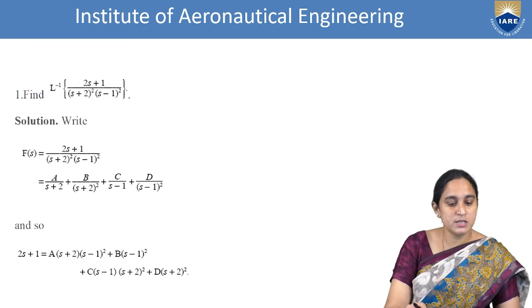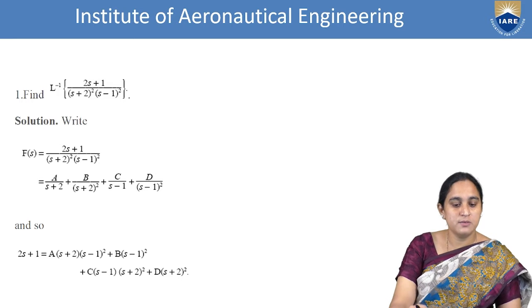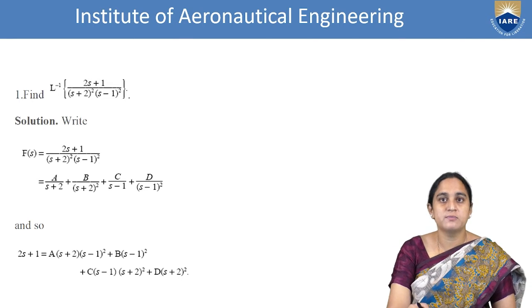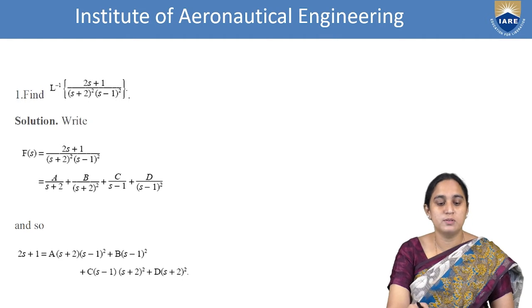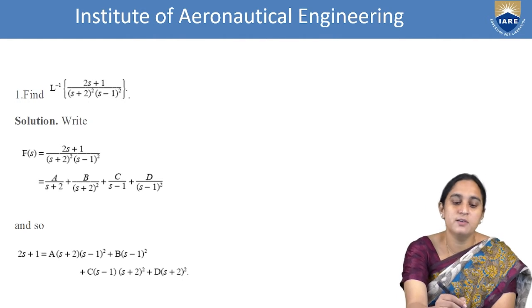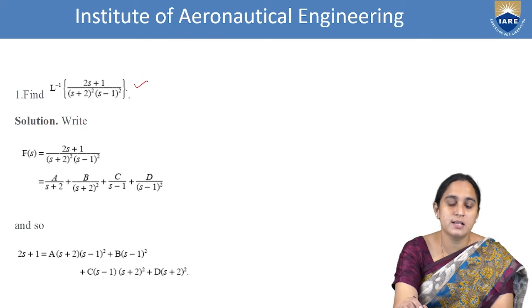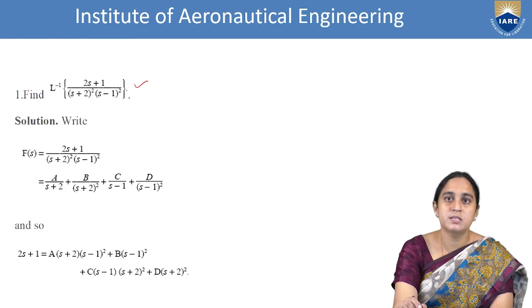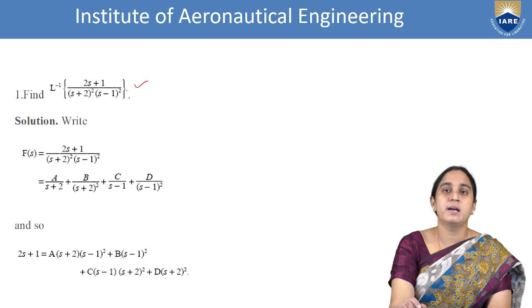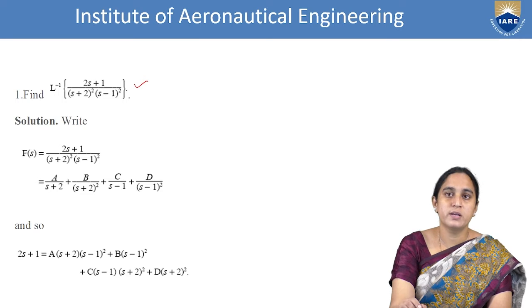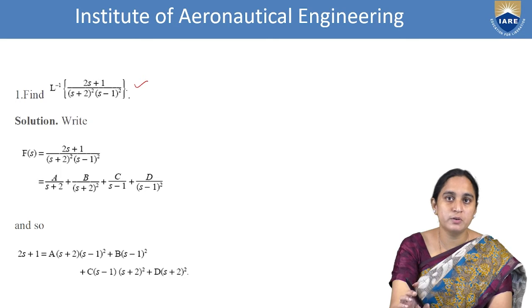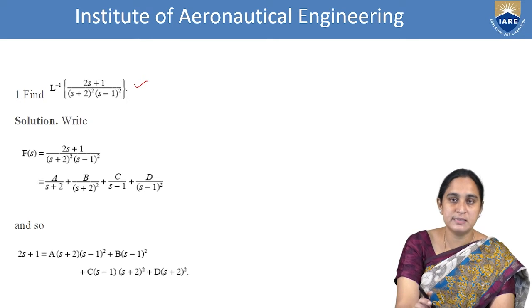For the first question, find the Laplace inverse of (2s+1) by (s+2) whole square into (s-1) whole square. Looking at the given question, is there any possibility to write a direct answer? Is there any possibility to use the previous properties on this question?